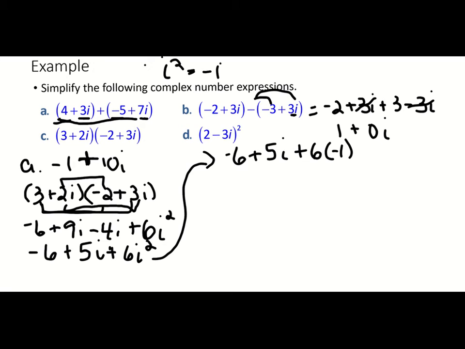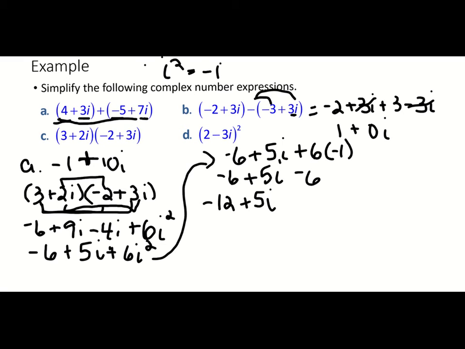And when we multiply 6 times -1, it becomes -6 plus 5i minus 6. And when we combine those, -6 minus 6, recall, equals -12 plus 5i. So our final answer is -12 plus 5i.